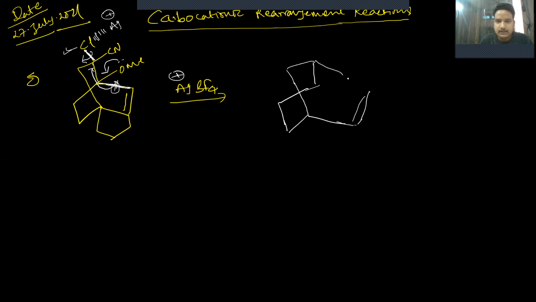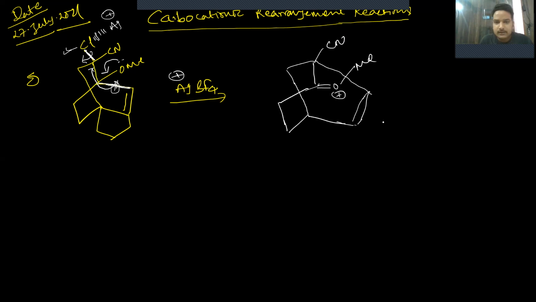Now this can be connected to here, and we can get the CN atom. Now what happened here? This OMe can be like this. Okay. So this is our compound.